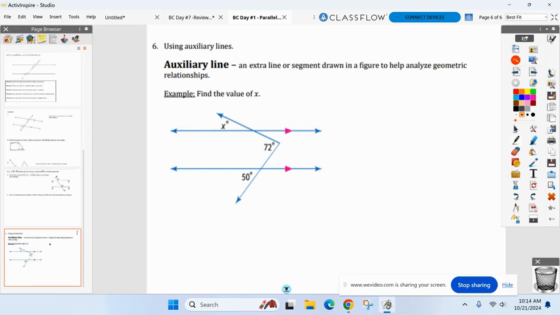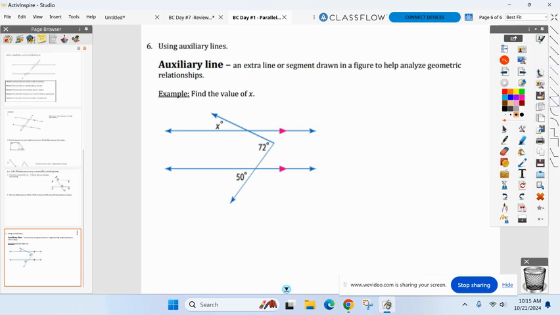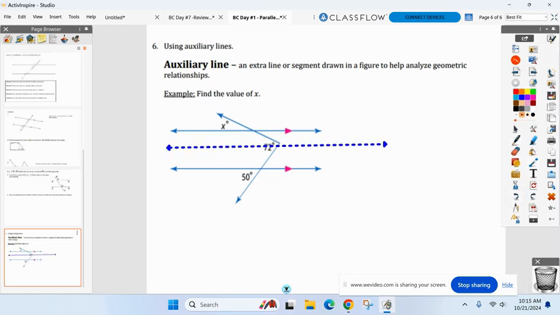So I can't have alternate interior or corresponding angles. They do not exist unless I have parallel lines cut by a transversal. So what I did was I added in a third line called an auxiliary line right here. That is also parallel to those 3 because I put it right there.